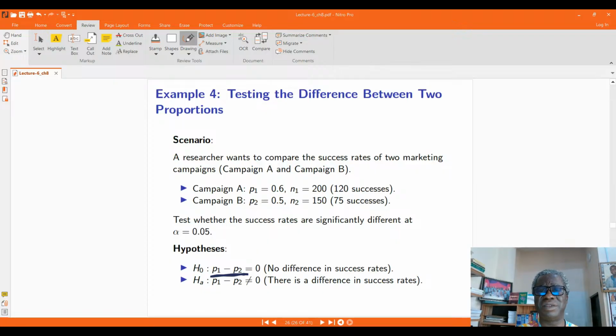That is, the success rate for marketing campaign A is not different from the success rate for marketing campaign B. The alternative is saying the difference is not equal to 0, which implies that there is a difference.